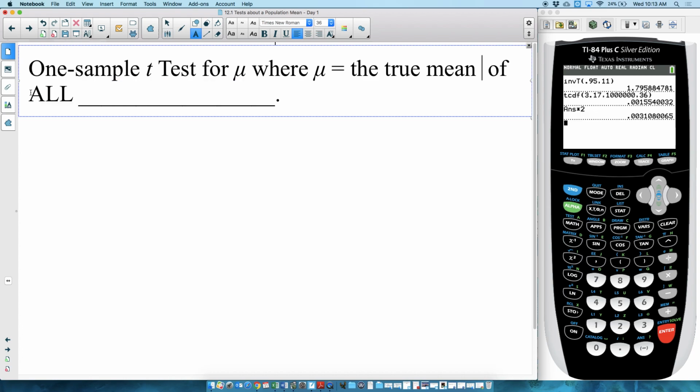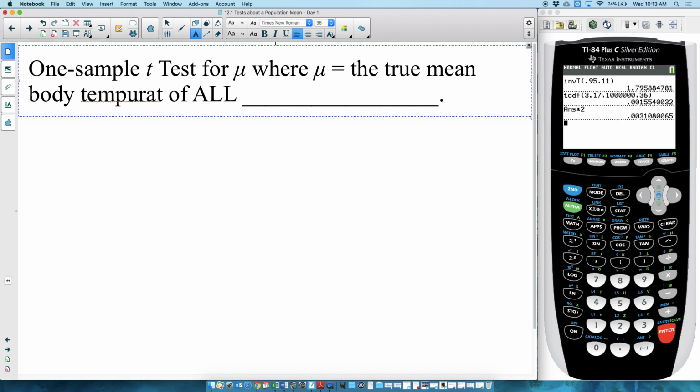Okay, so one sample t-test for mu, where mu is the true mean body temperature of all healthy adults aged 18 to 40. Oh, I can't spell temperature. How do you spell temperature? E-R-A-T-U-R-E. Okay.